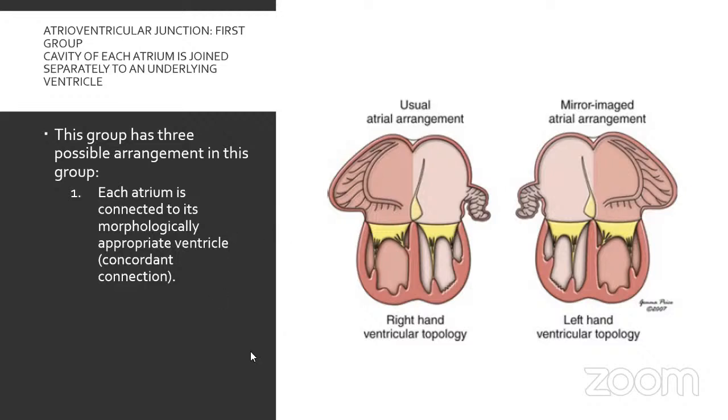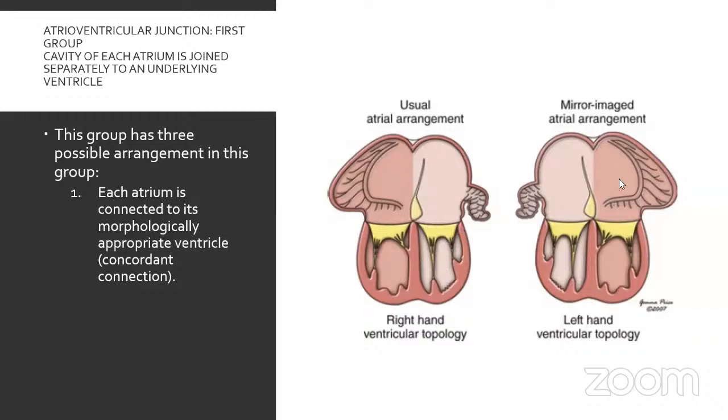Each atrium can be connected to its morphologically appropriate ventricle, whatever the side of that atrium. For example, in this first illustration, we can see the right morphological atrium connected to the right morphological ventricle, and the opposite is the case as well.